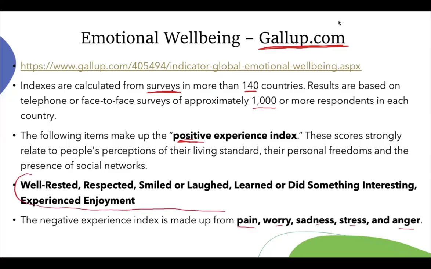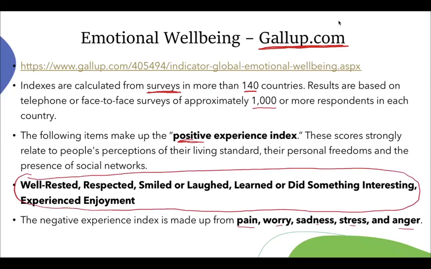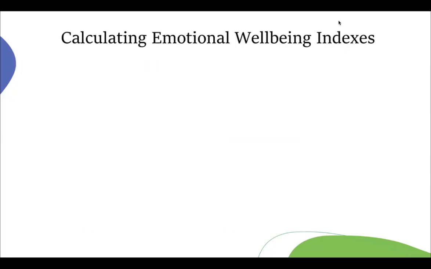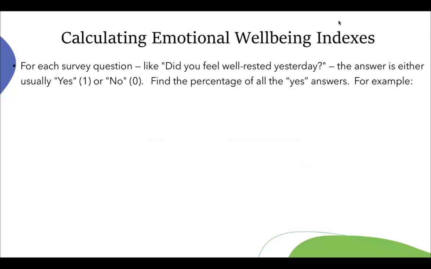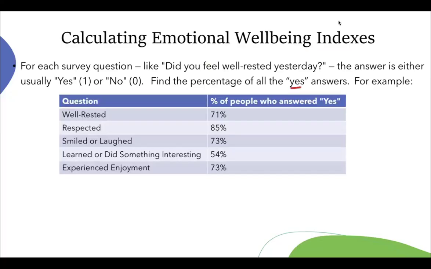I'm going to show you some of the charts that make up these factors for the positive experience index. For each survey question, like, did you feel well rested yesterday? The answer is usually either yes or no. So Gallup finds the percentage of all the yes answers. For example, we have a few questions. Did you feel well rested? Did you feel respected?